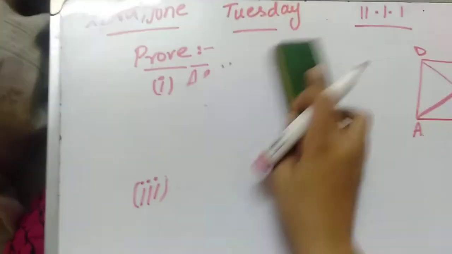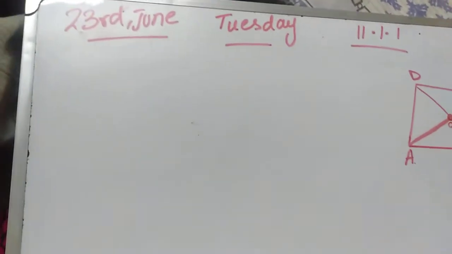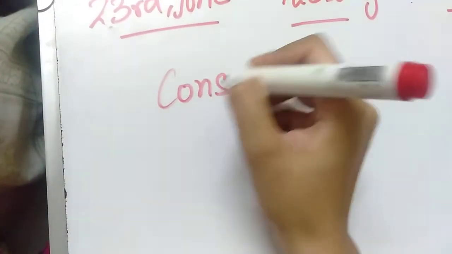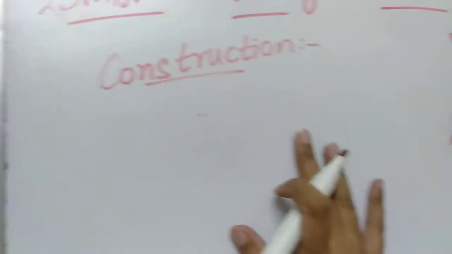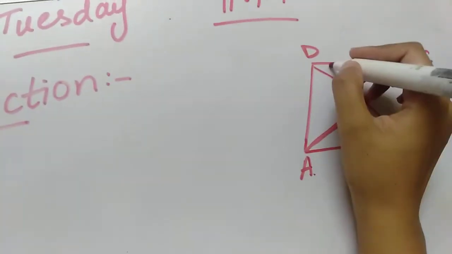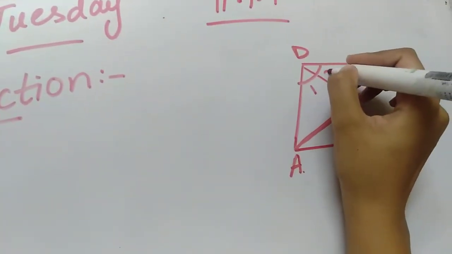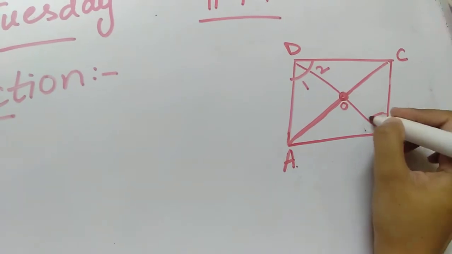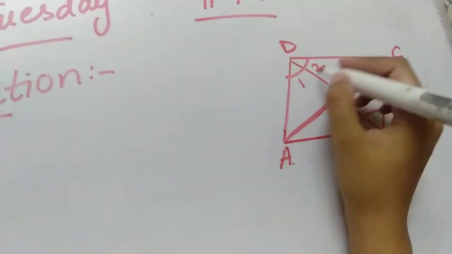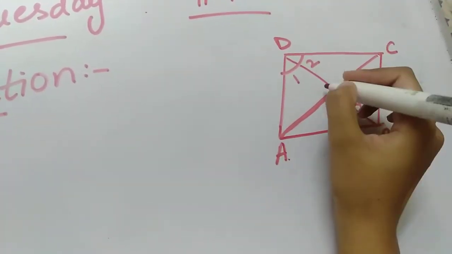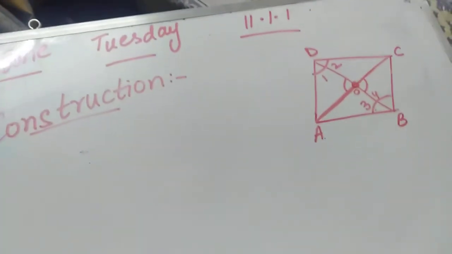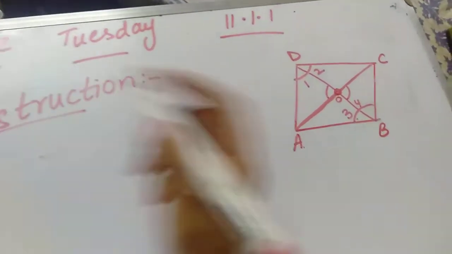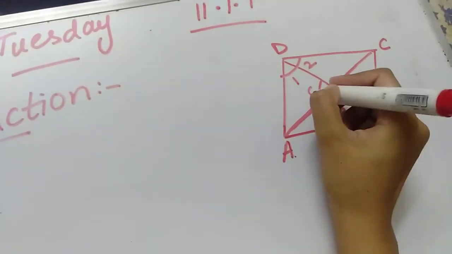Now we will talk about our construction points. In our construction, we will name the angles. Here I'm going to name them 1 and 2, here 1 and 2, 3 and 4, and here 5 and 6.